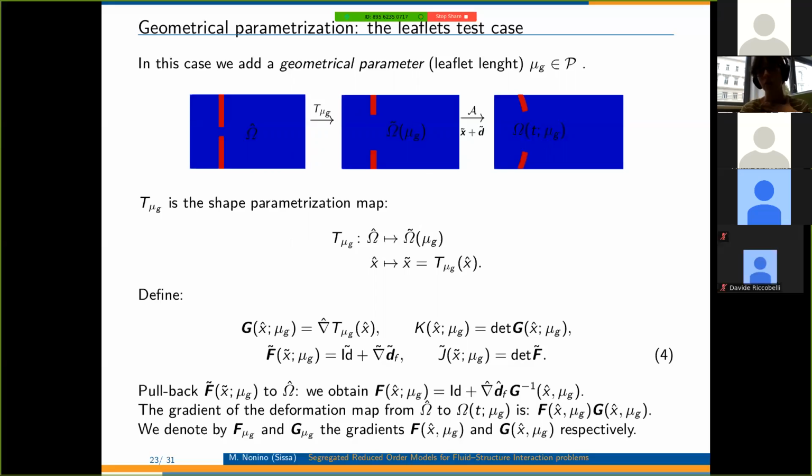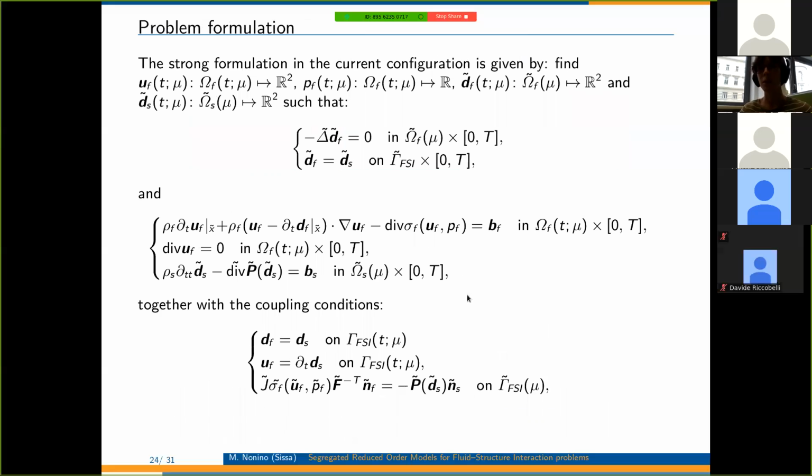And the introduction of a shape parametrization map gives rise to the introduction in the problem formulation of additional terms, which are G, so the gradient of the shape parametrization map, and K, which is the determinant of G. So this is the original problem formulation.